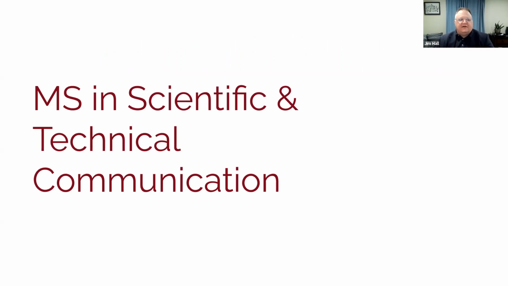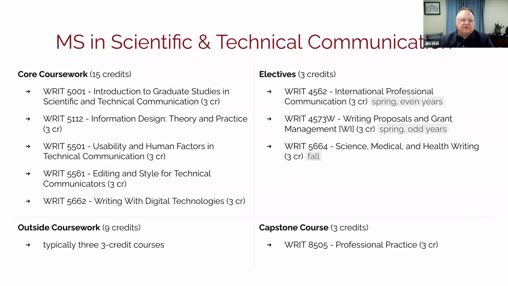So let's talk about the master's program. If you're interested in the master's program, everything I just talked about in terms of the certificate applies to the master's program. So looking at that, we have these courses for the master's program. Now in the upper left, we have the core courses, those 15 credits.